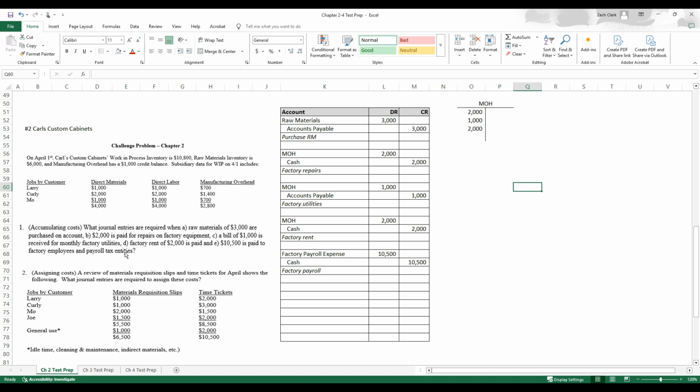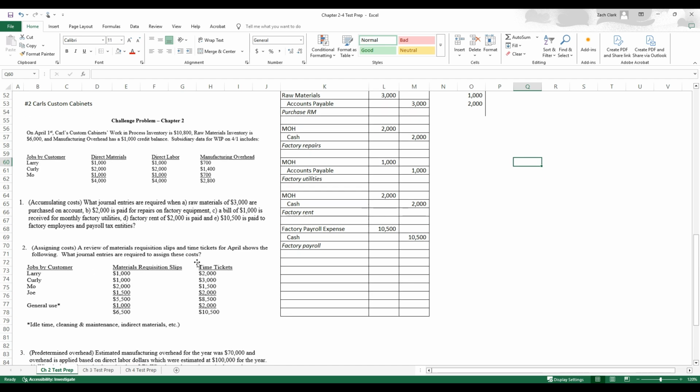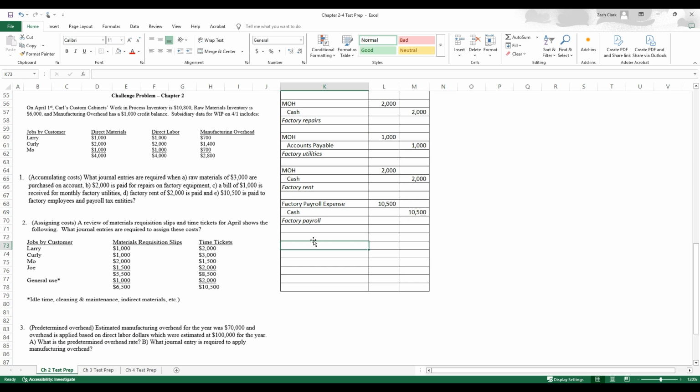Okay, so let's see here. We're down into the assigning process. A review of material requisition slips and time tickets shows what we've got here. And now we need some journal entries to assign these costs. So we've got total raw materials assigned of 5,500 to the jobs and 1,000 to overhead. So let's do that first.